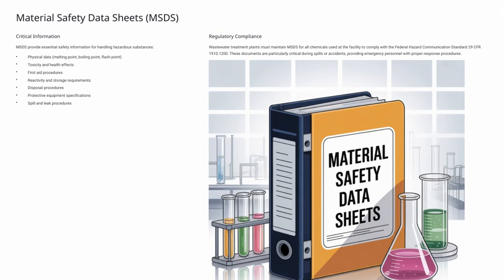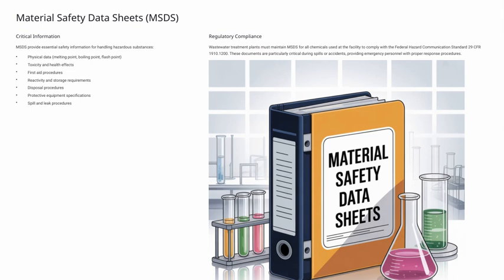They detail first aid procedures, which are crucial in case of accidental exposure. Additionally, they specify reactivity and storage requirements to ensure safe handling and storage practices. Disposal procedures are also covered, guiding us on how to dispose of chemicals responsibly. Protective equipment specifications are included to make sure we're properly protected during handling. The MSDS describes spill and leak procedures, enabling quick and effective responses to accidents.